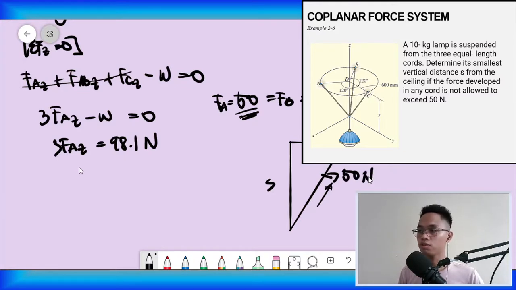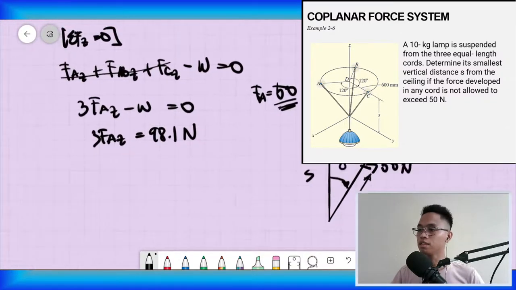Now, how can we solve it? That is cosine gamma. If you notice, this is the angle from the vector towards the positive z-axis, and this is our gamma. How can we solve gamma?